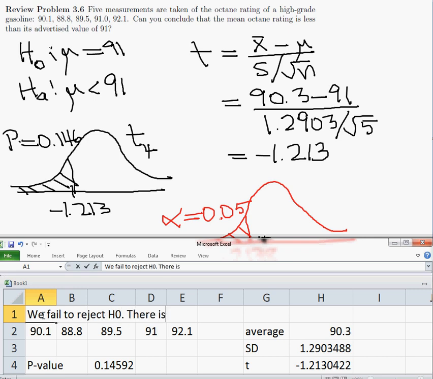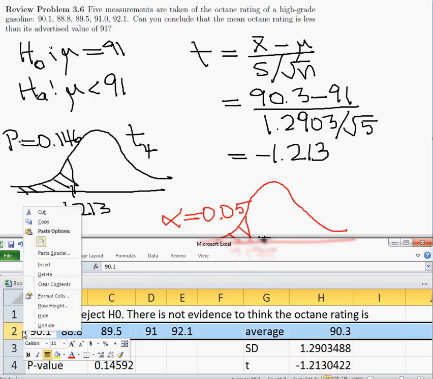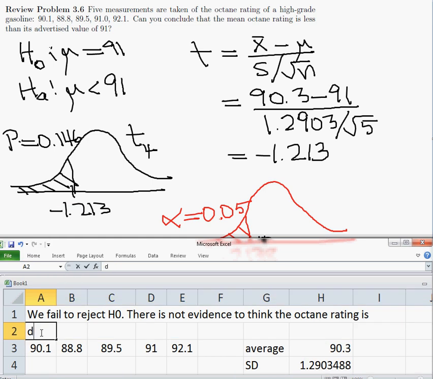There is not enough evidence to think the octane rating is different than 91. Okay, so that is the way to do this particular hypothesis testing problem.